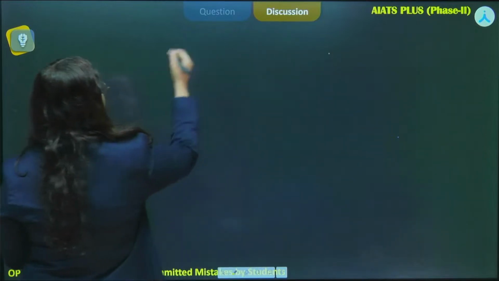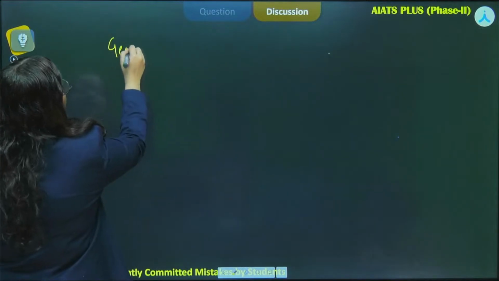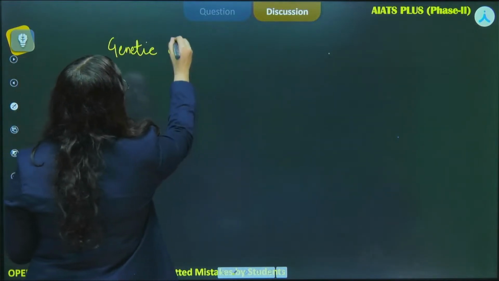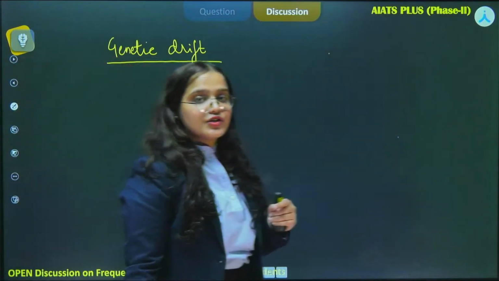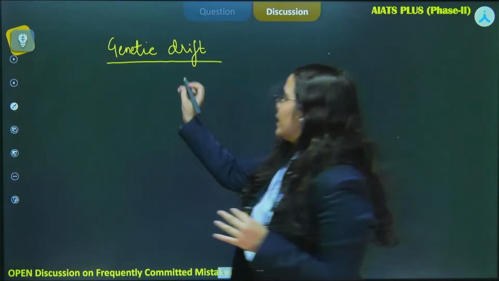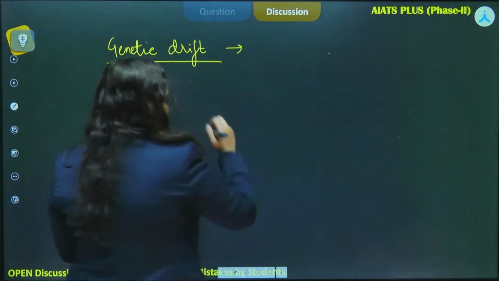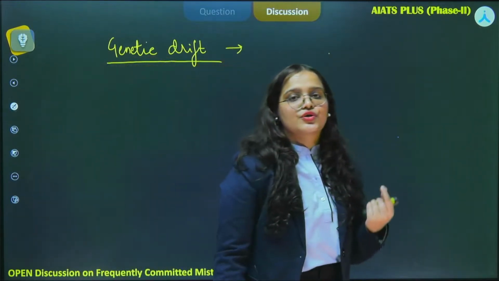Okay, so further we discuss genetic drift. So genetic drift is basically a condition where there is a sudden loss of gene.